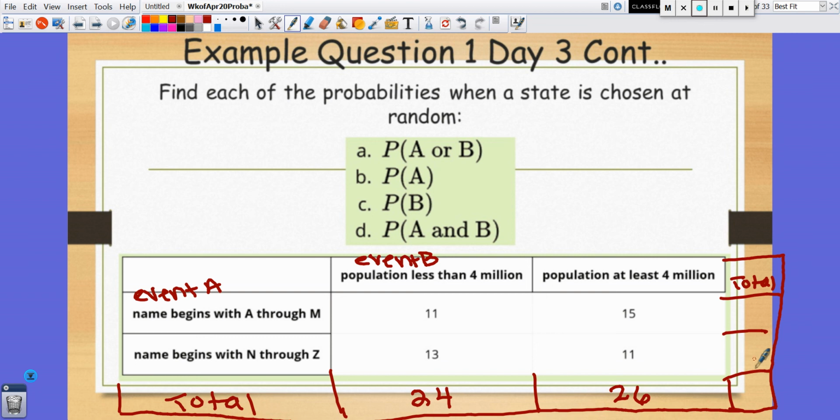Here I'm going to have 24, and here I have 26, and if I add this together I get 50, and if I add this together I get 50. So I have my total.